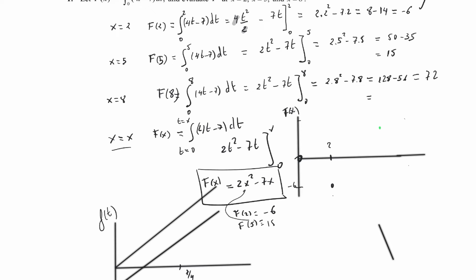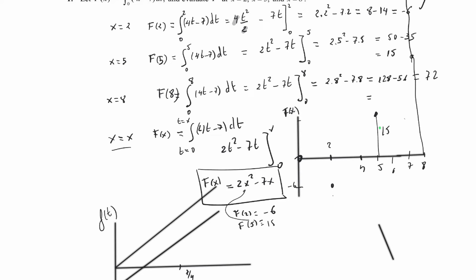When x equals 5, it is 15. And when x equals 8, it is 72, very, very high.